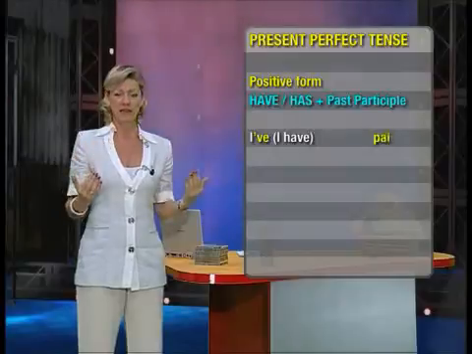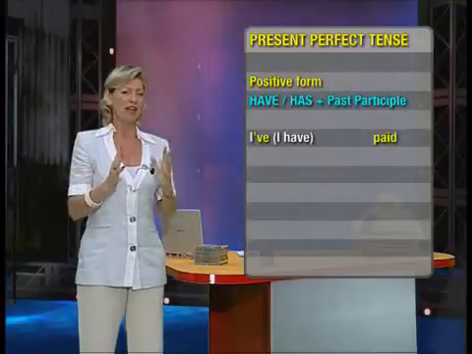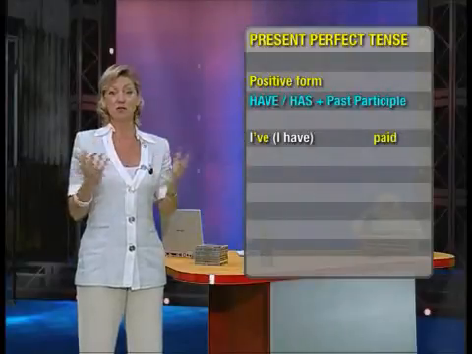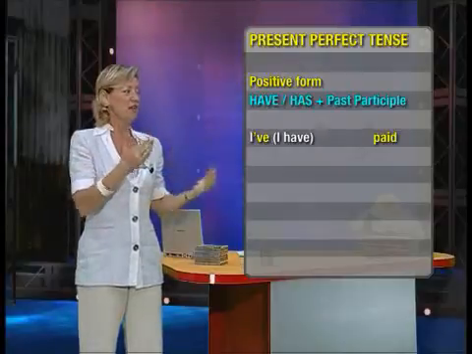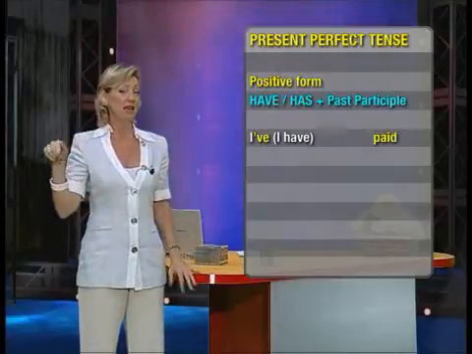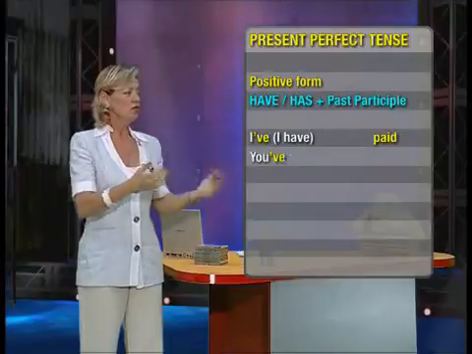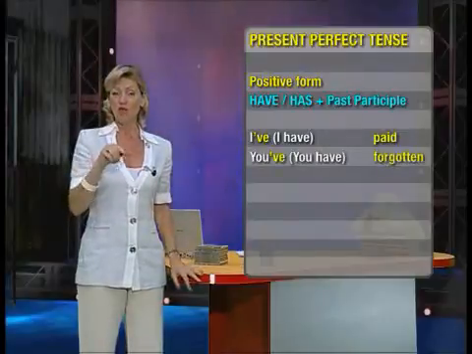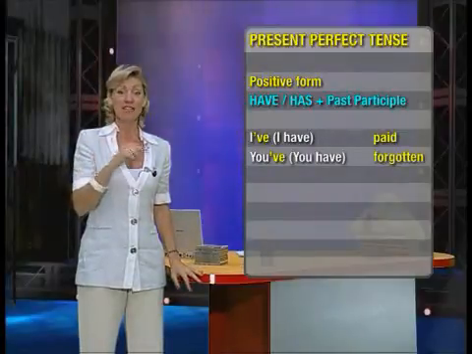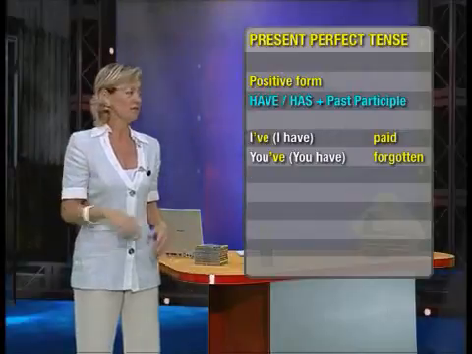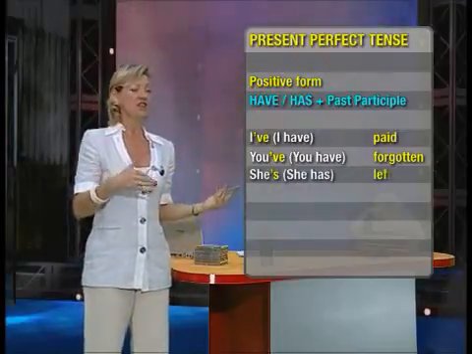I've paid. Now, we contract I have into I've, as we always do in English. I've paid. Pay, paid, paid. You've forgotten. You have forgotten. Forget, forgot, forgotten. She's left. She has left.